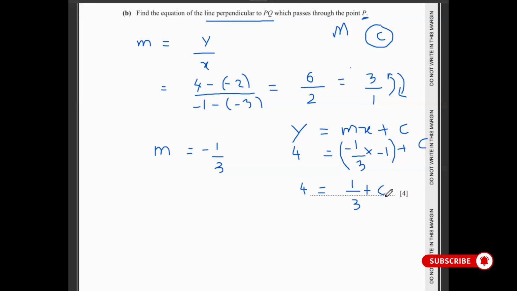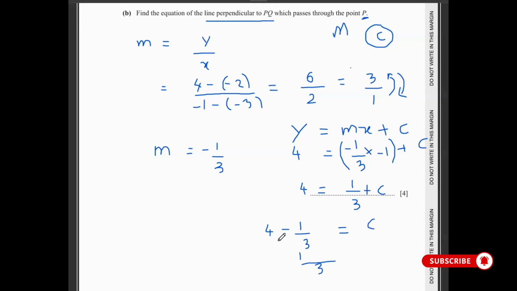To find c, I can keep c alone and take this 1/3 to the other side of the equal sign. Then it becomes minus 1/3. So 4 minus 1/3. Now I need to subtract these two. The common denominator will be 3, so 4 also we should multiply by 3.